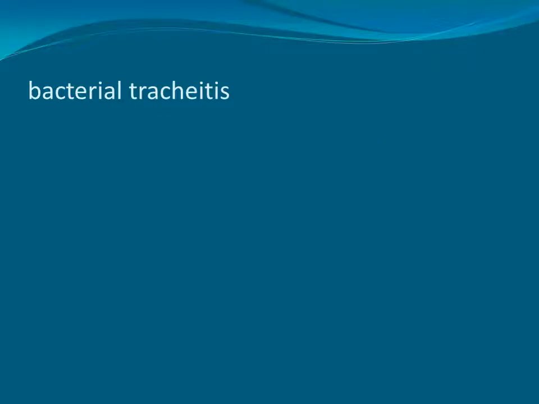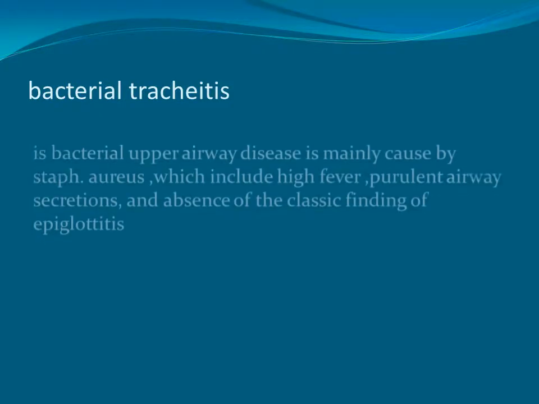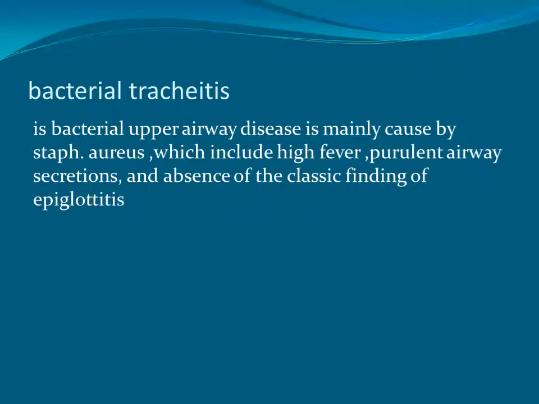Another cause of acute stridor in children, a rare condition, is what's called bacterial tracheitis. It's a bacterial upper airway disease mainly caused by Staph aureus, which includes high-grade fever, purulent airway secretions, and absence of the classical findings of epiglottitis.